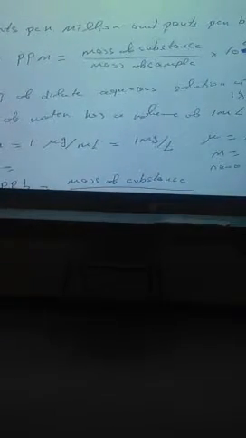Now parts per billion is equal to the mass of substance over the mass of sample times 10 to the 9. Okay?